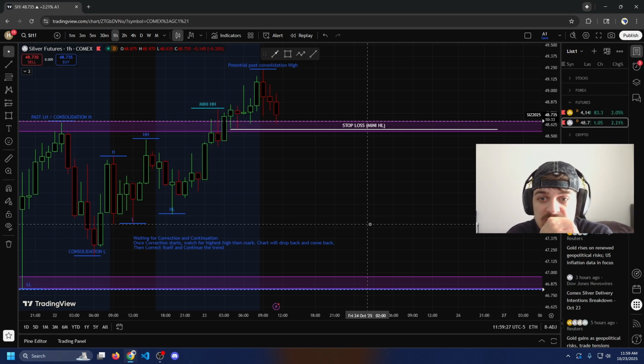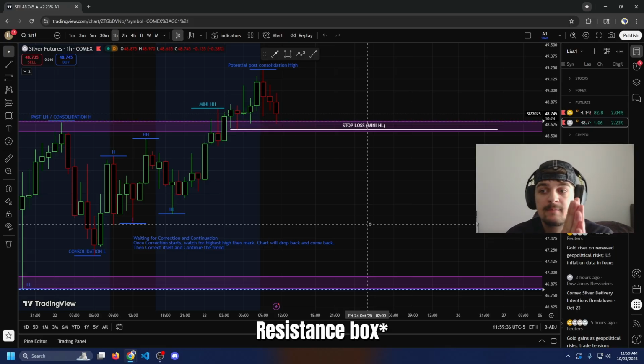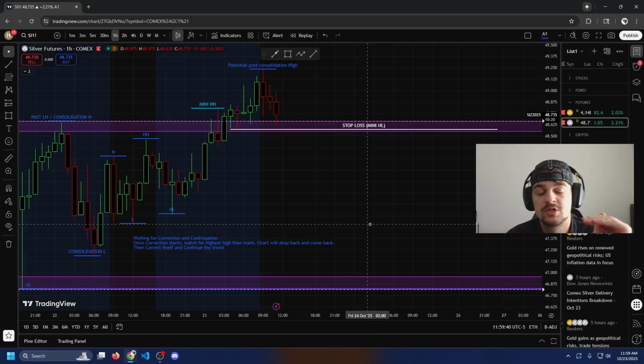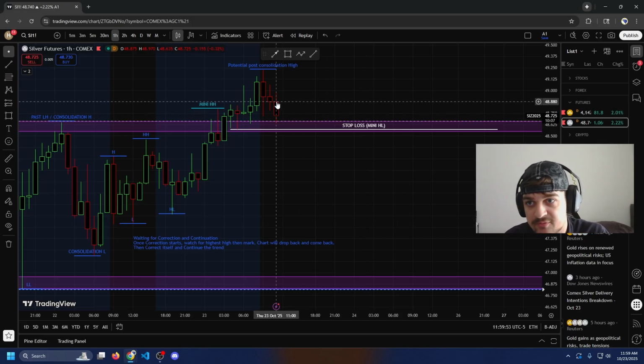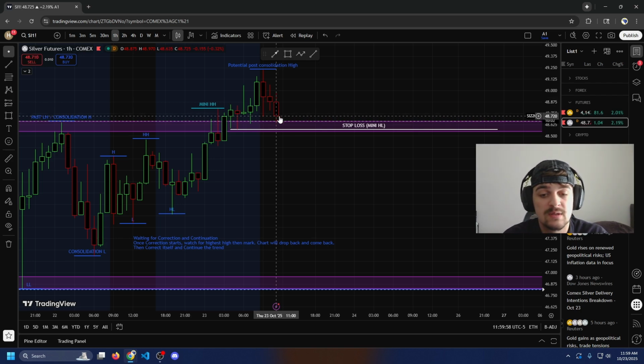So my next question is, should the body of the candlestick pass the consolidation high that I set, or should the wick itself, just the low, pass it? That's also a question of mine, because it clearly opens up from right here and it's gonna close around this area.